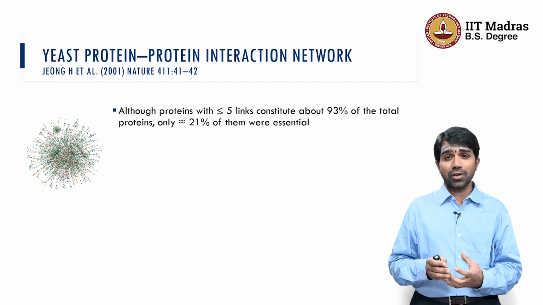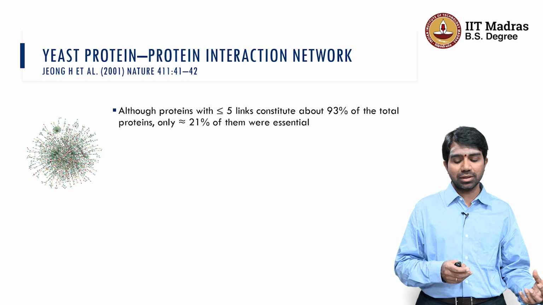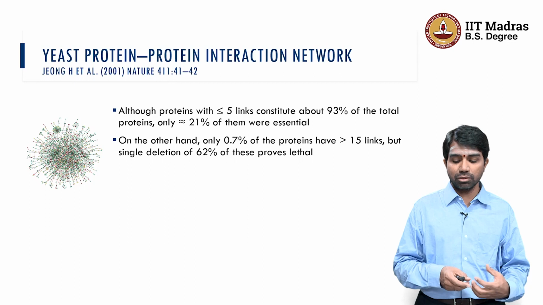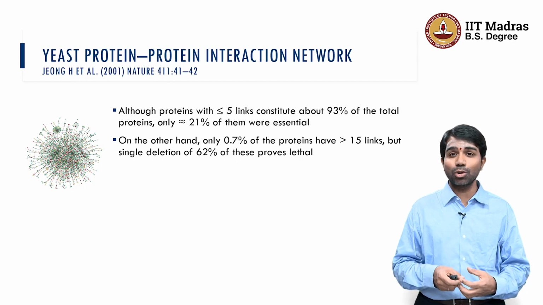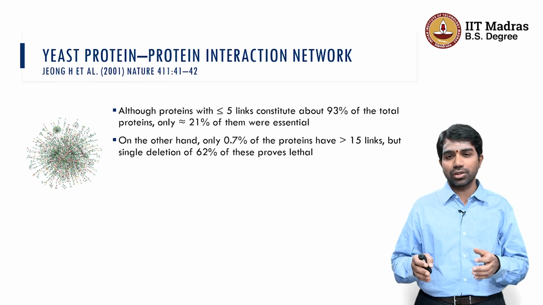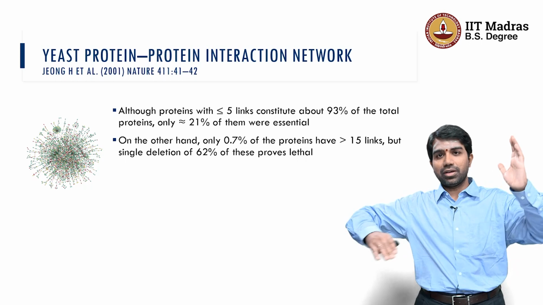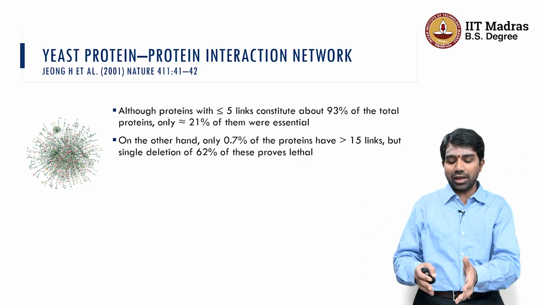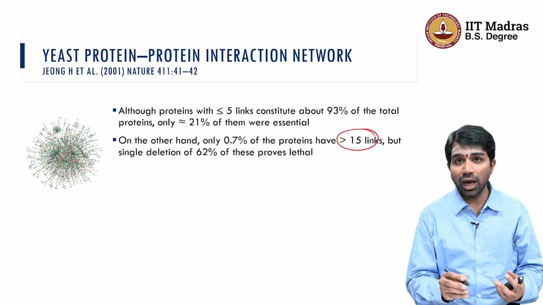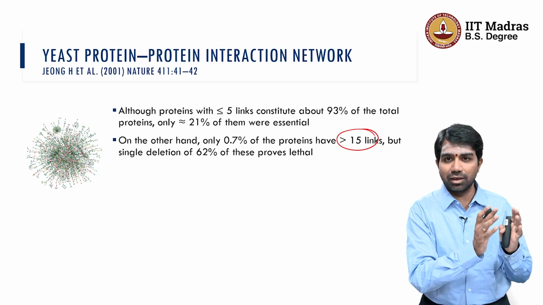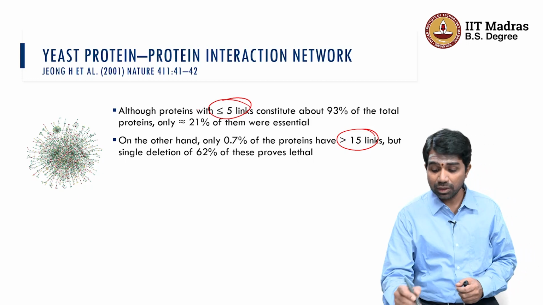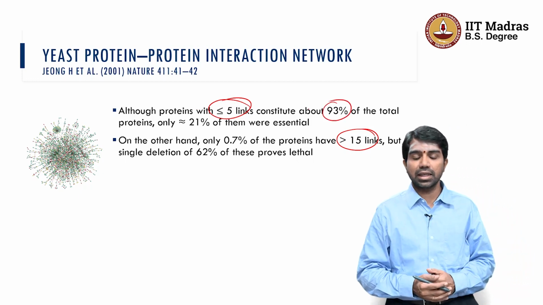You have 93% of the nodes which have less than 5 links, and you have 0.7% of the nodes with over 15 links. So this is a classic case of a power law distribution where you have a really skewed distribution. You have a long tail with all of these proteins with greater than 15 links, and you have the big spike close to the origin, where you have 93% of the proteins with less than or equal to 5 links.